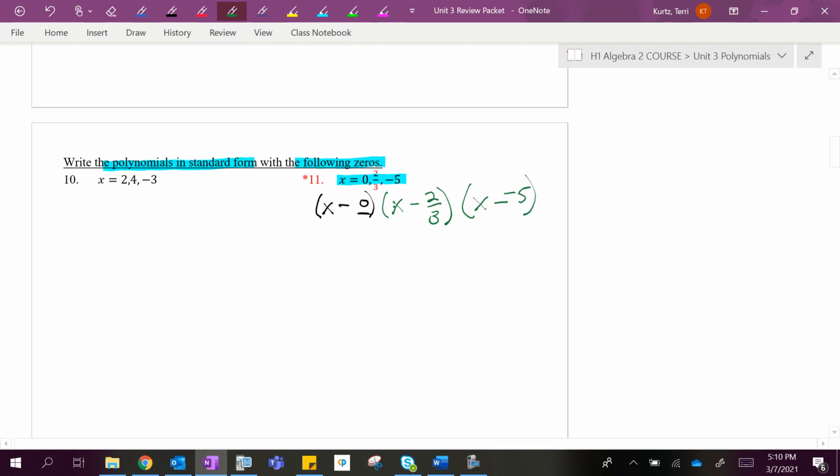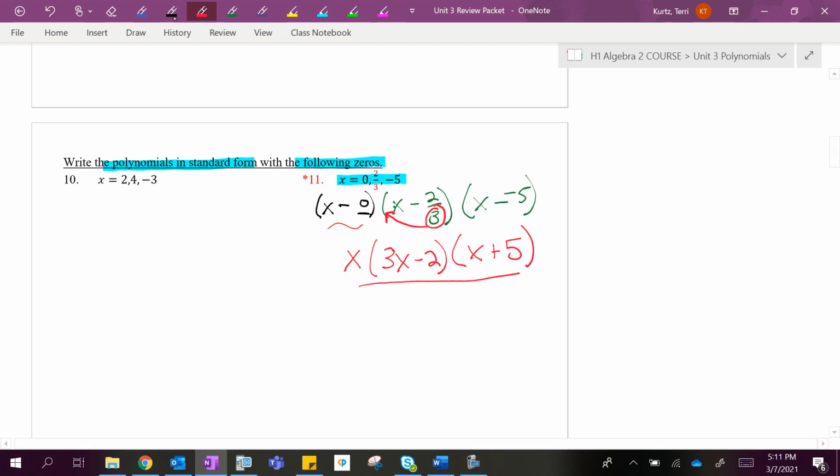Now, to clean this up, x minus 0 is just x. That's just going to be something we distribute at the end. No one wants to multiply with a fraction, and neither do I, so we're going to take this 3 in the denominator and move that to the x. So this factor becomes 3x minus 2, and then minus a negative becomes plus. Now this is what we're going to multiply together to get standard form.